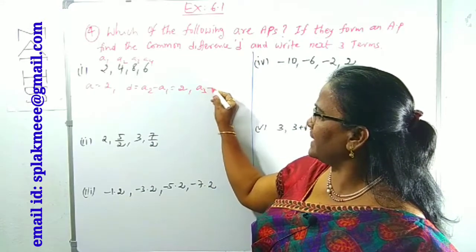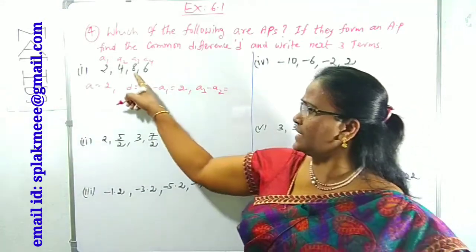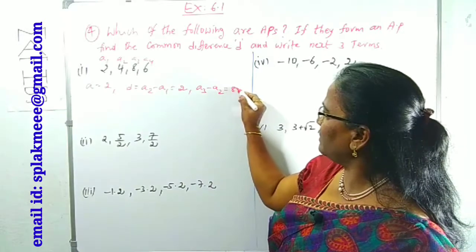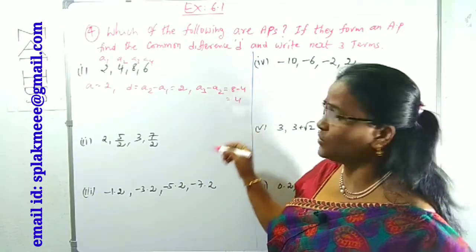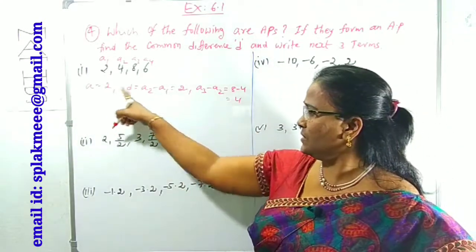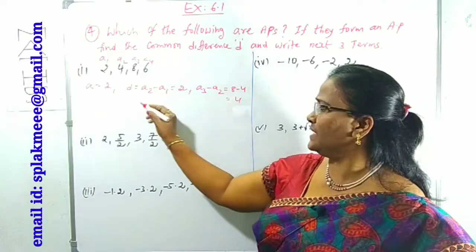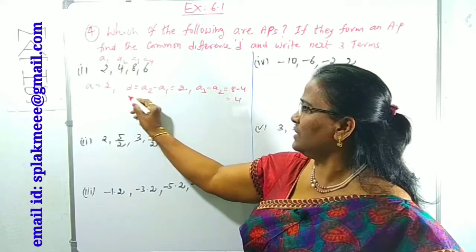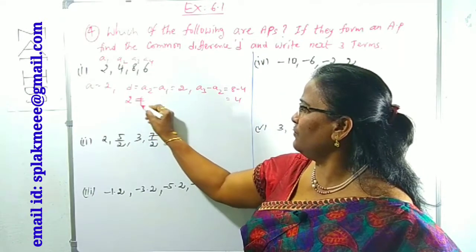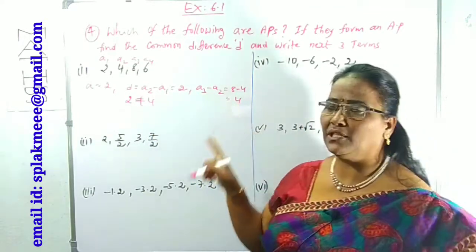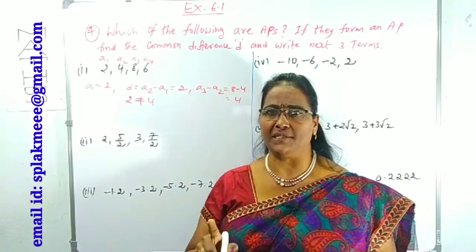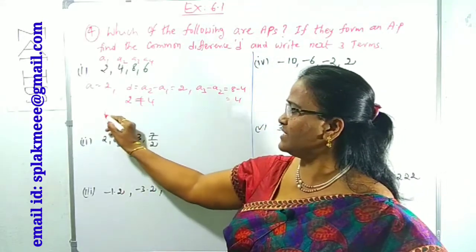And A3 minus A2 also I am doing: 8 minus 4 is how much? 4. So here D is 2, but here it is 4. So D is not equal; 2 is not equal to 4. They must be equal, then only the series is an AP series. That's why it is not AP.